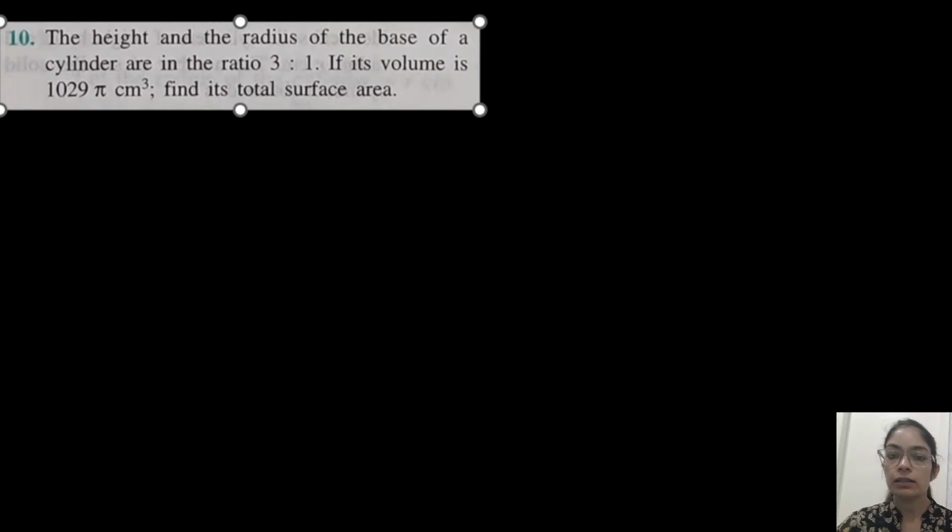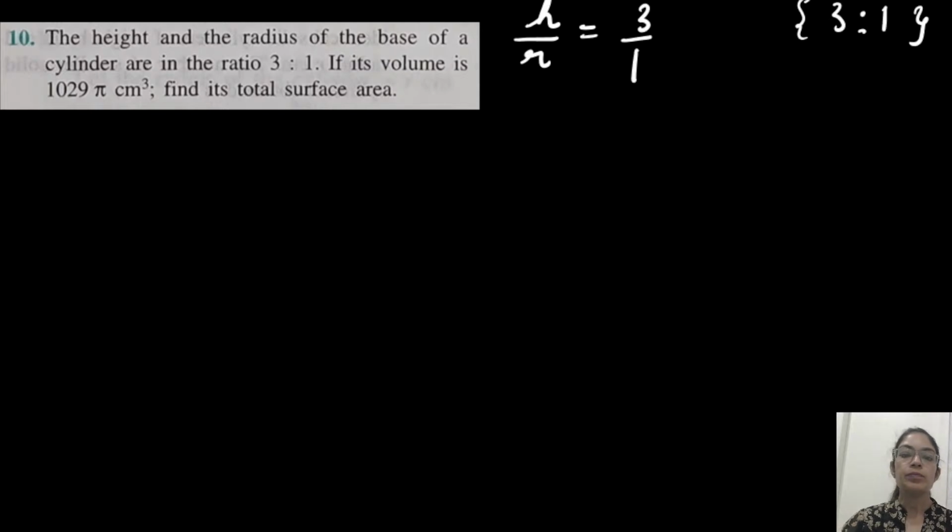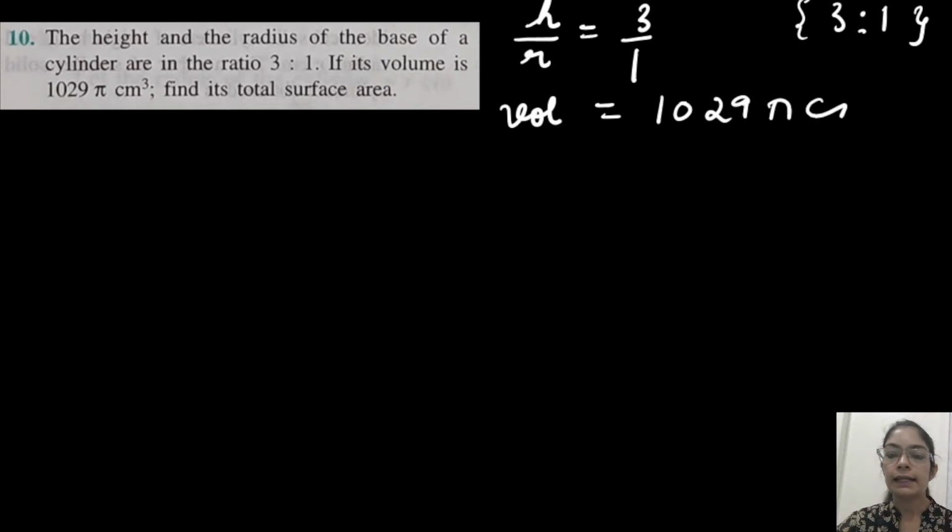So the height and radius fraction is given to us, 3 by 1. The volume of the cylinder is also given to us, which is equal to 1229 pi centimeter cube.